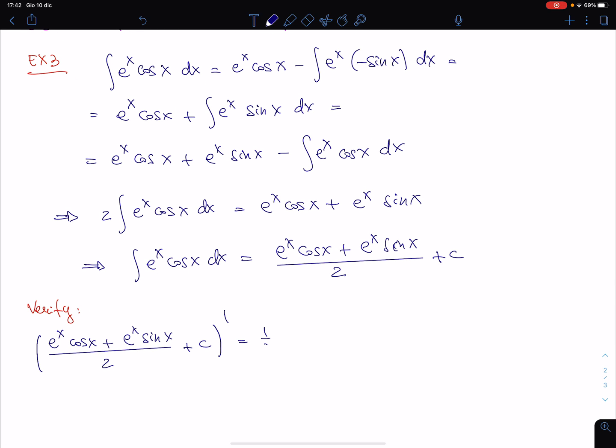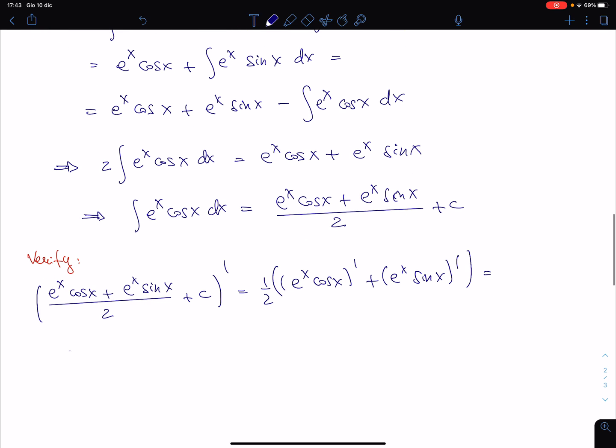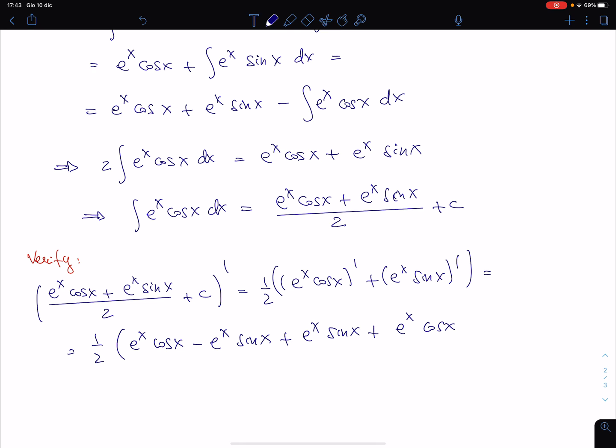This is 1/2 times the derivative of e to the x cosine x plus the derivative of e to the x sine x, and then 1/2 times e to the x cos x minus e to the x sine x plus e to the x sine x plus e to the x cos x.